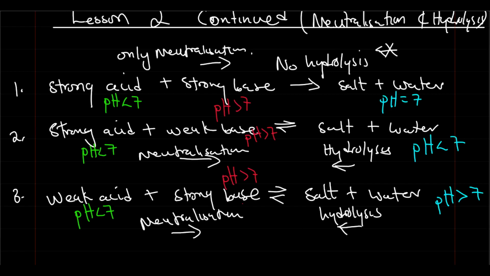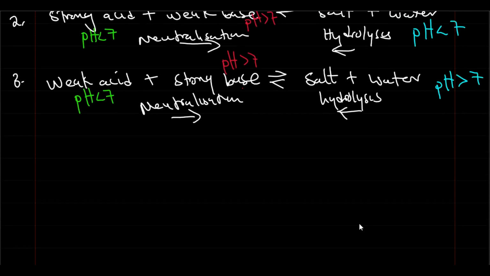Of the acid. And also here, the third one, the hydrolysis of a salt which resulted from the reaction of a strong base and a weak acid will result in a solution which is alkaline, which has a pH of greater than 7.